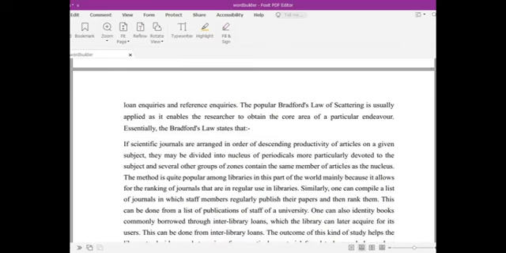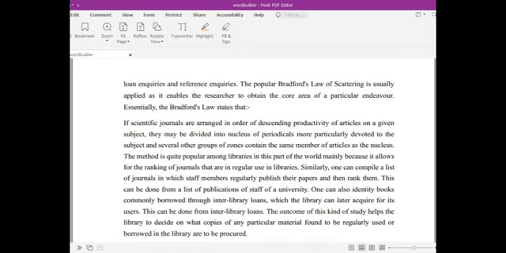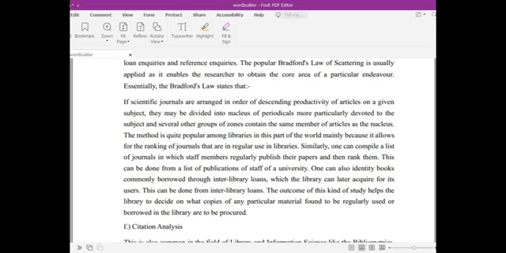Now, when you arrange them this way, it helps to find out the ones that are most popularly used, the ones that people use to write journals, the ones that people borrow from the library. It helps you to know the particular ones that people use most of the time.